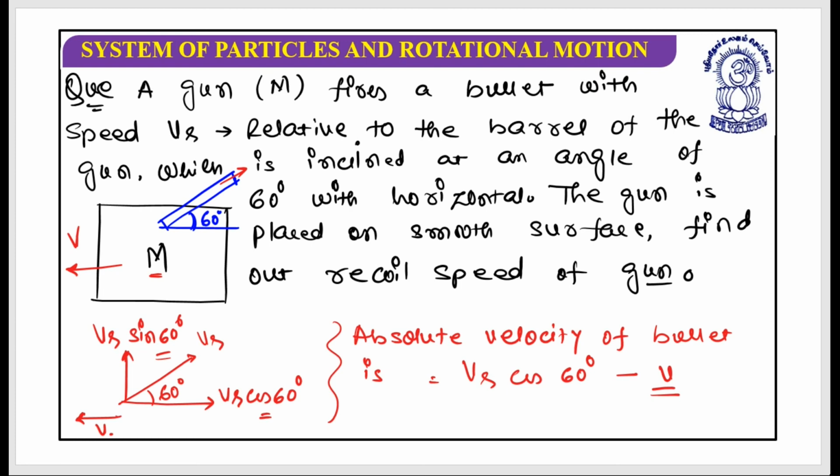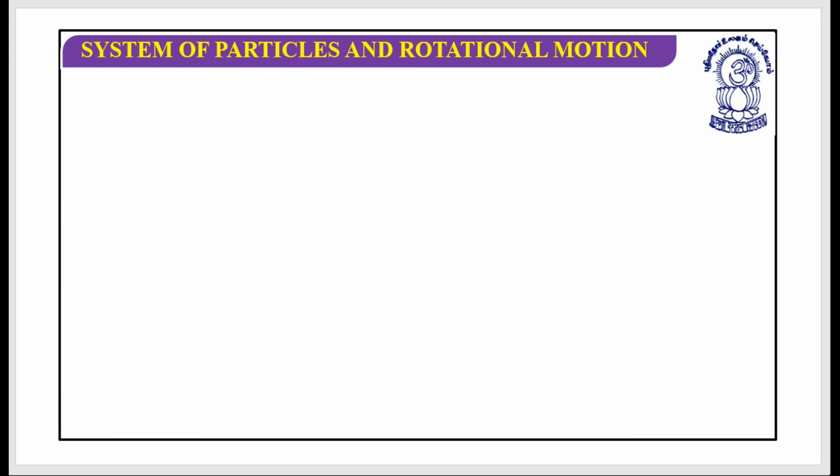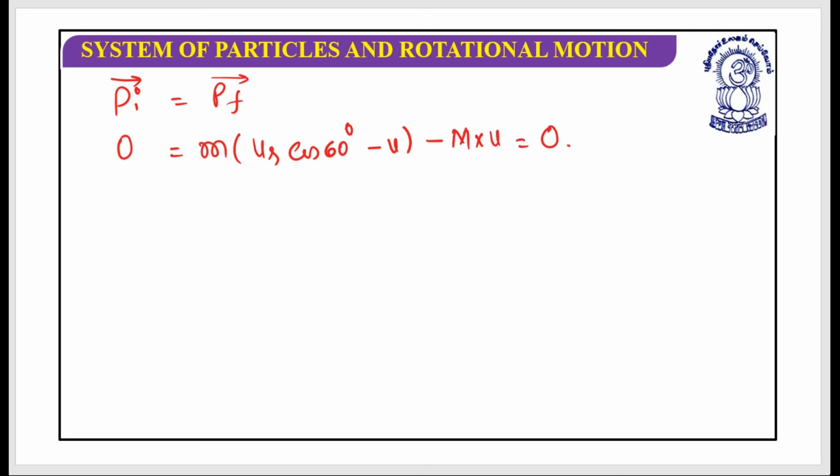And we can conserve the momentum. So what I could write is the initial momentum should be the final momentum. Initially it was 0. If the velocity of the bullet has been taken as positive, then that could be written as m into (Vr cos 60 degree minus V). But that barrel would be shifted in the negative x direction, so this is minus M into V, that would be equals to 0.